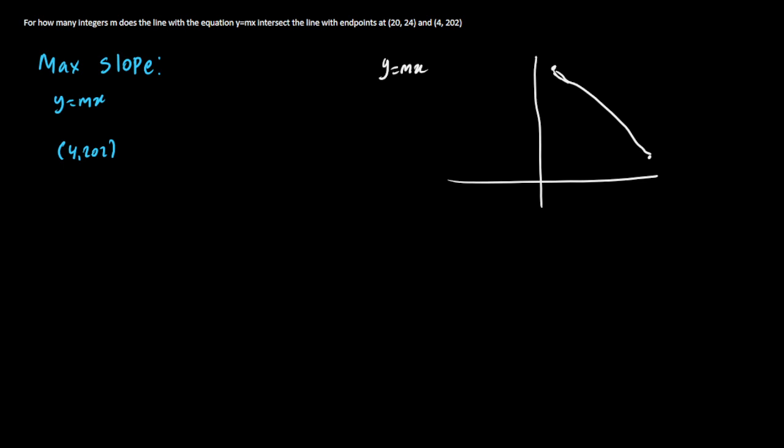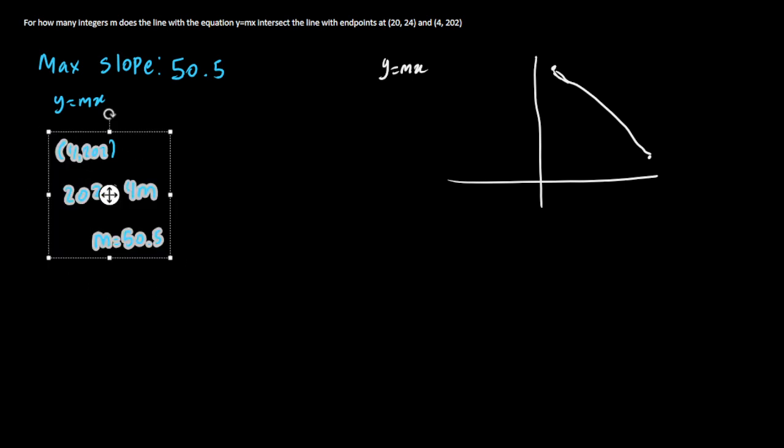So when we do that, we get 202 equals 4m. And when we simplify that, when we bring the 4 to the denominator, we get m equals 50.5. So the maximum slope is 50.5.